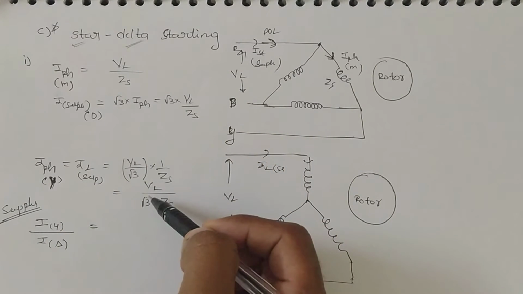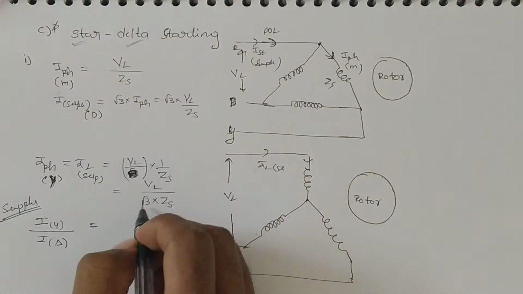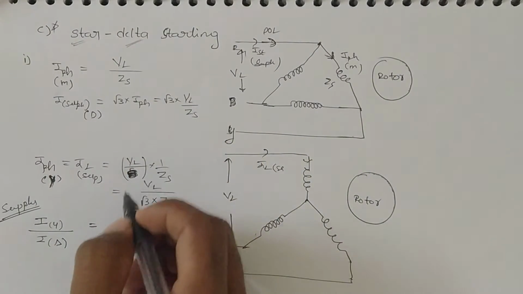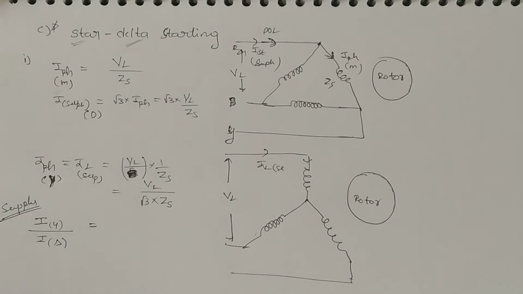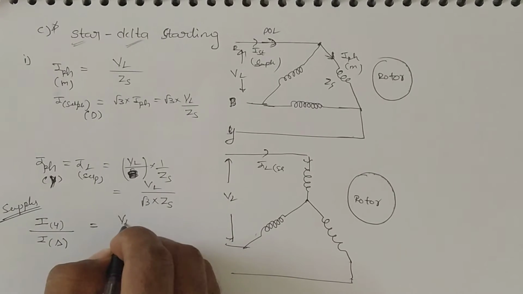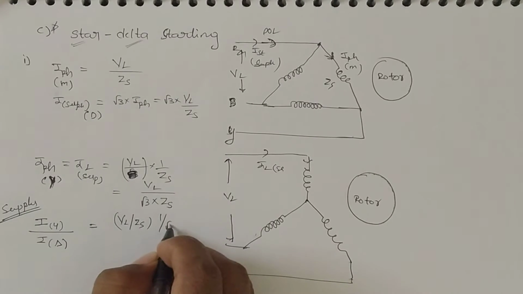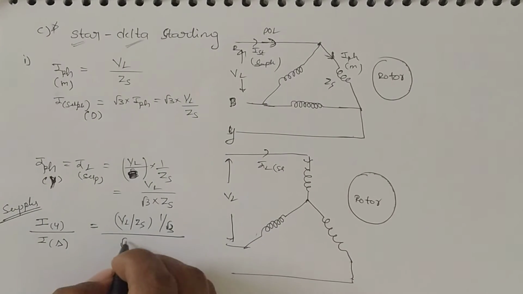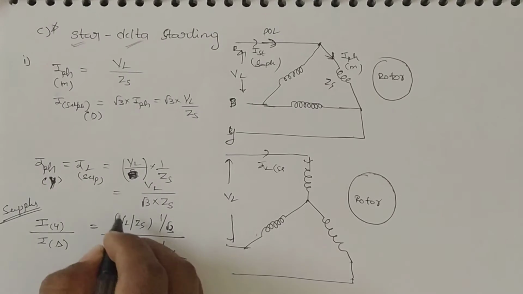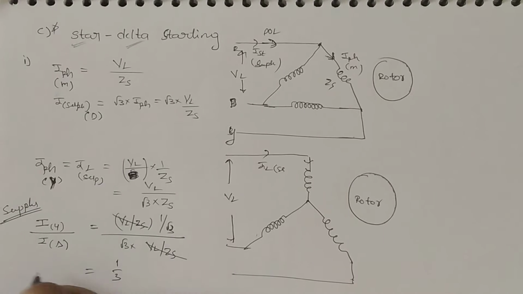If I divide these two, what I will get is V L by root 3 Z S divided by root 3 V L by Z S. So Z S cancels, and we get 1 by root 3 into root 3, that is equal to 1 by 3.